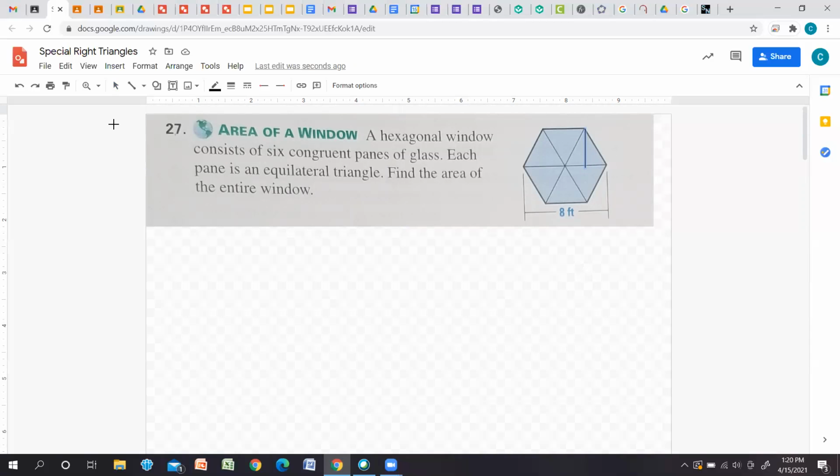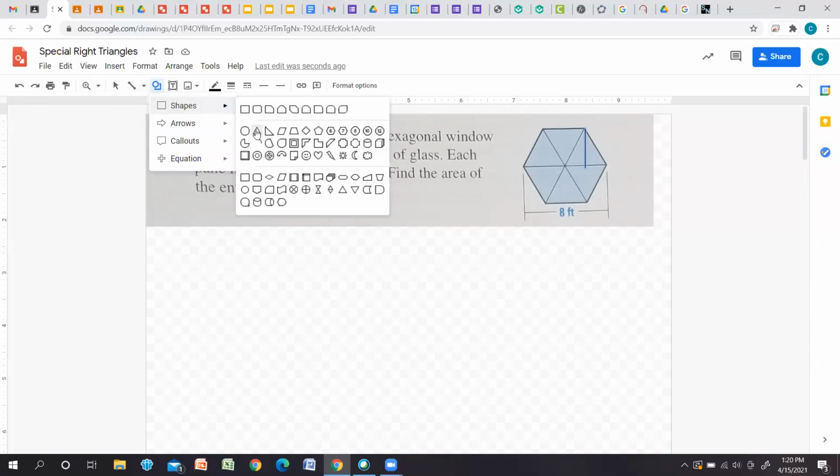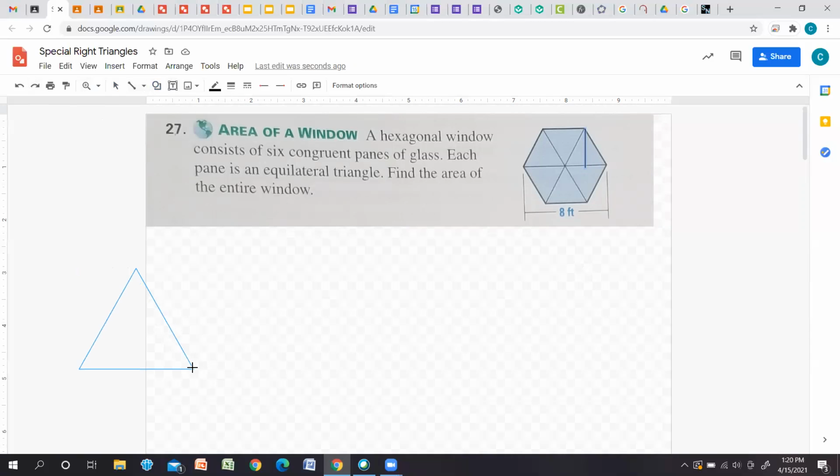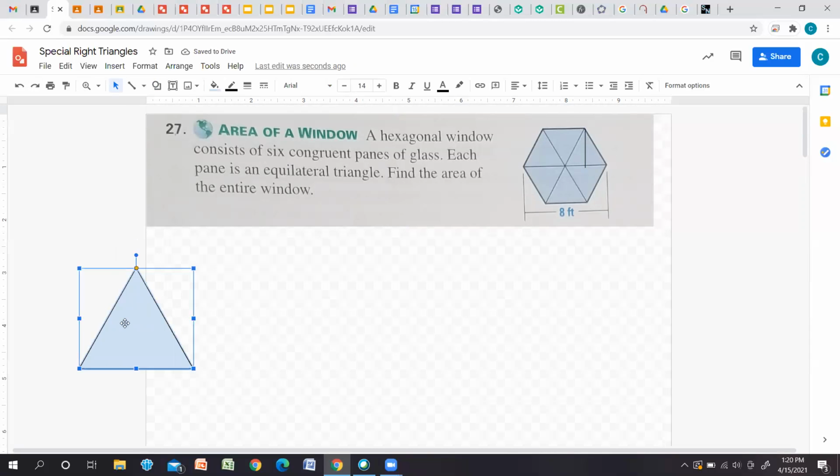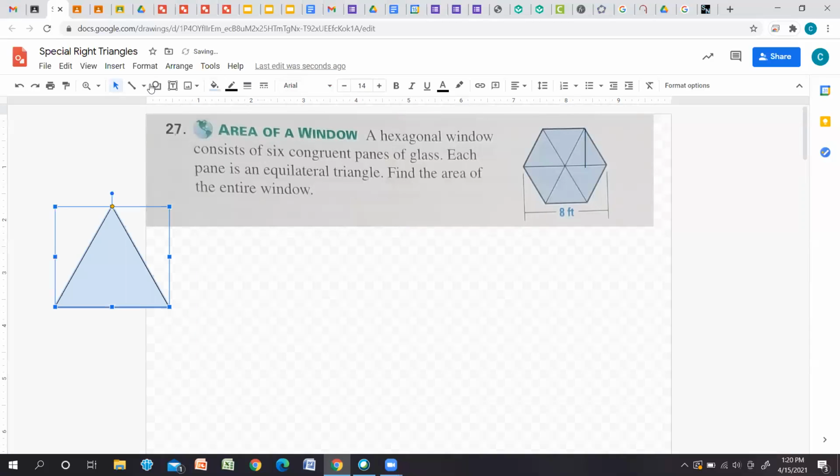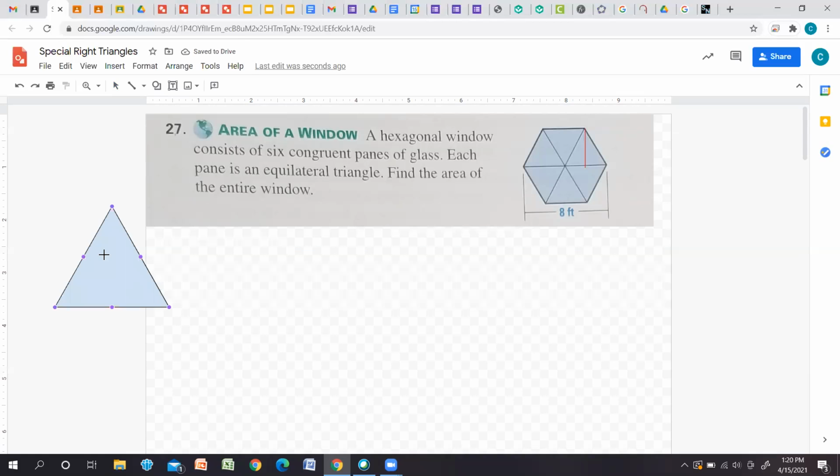Okay, but first let's zoom in on this triangle a bit. So let's say this is that triangle, okay? And I wanted to make this line red to make it stand out. Then I draw another line from the top of the triangle to the bottom.